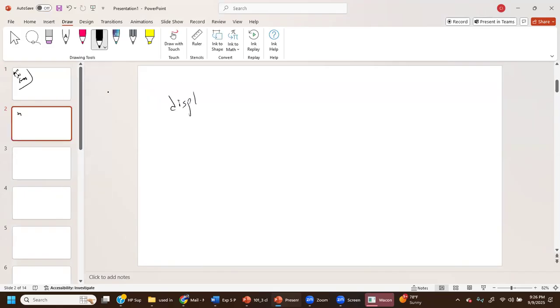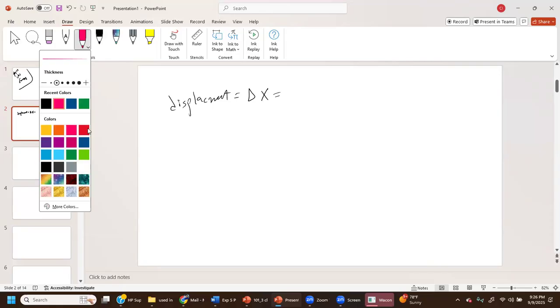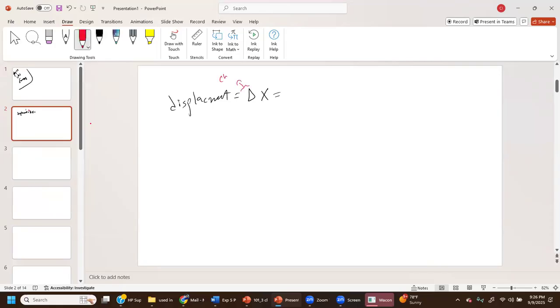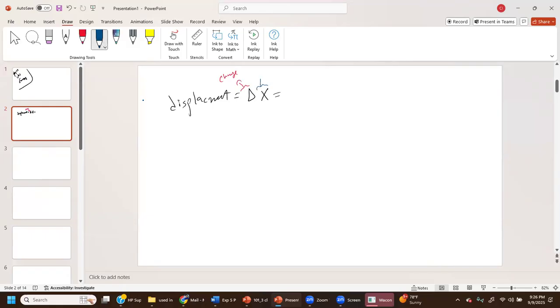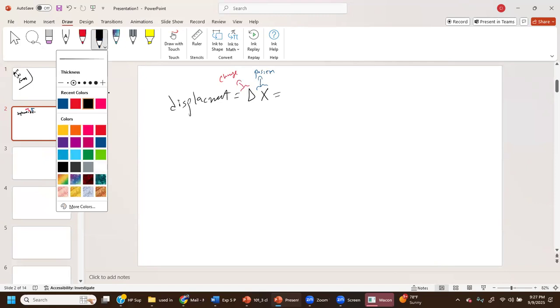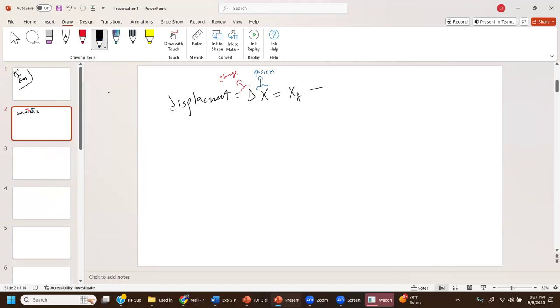this displacement, which we said is going to be your delta x. Delta means your change, and x is going to be your position, which equals your x final minus x initial.